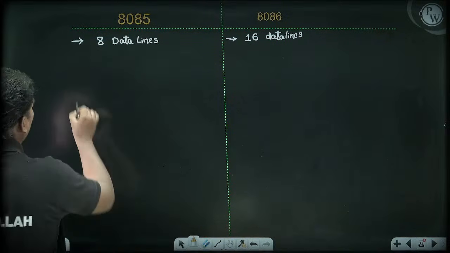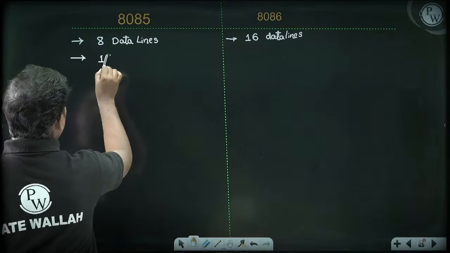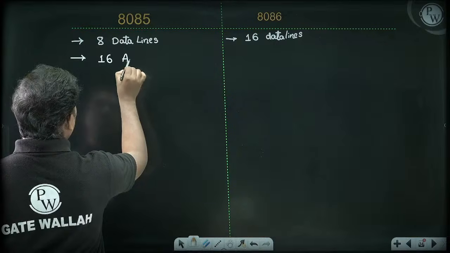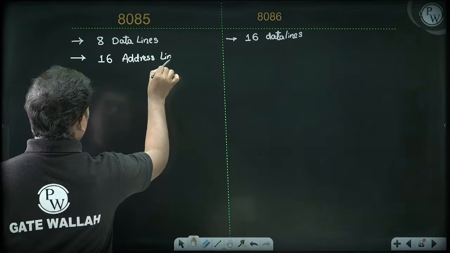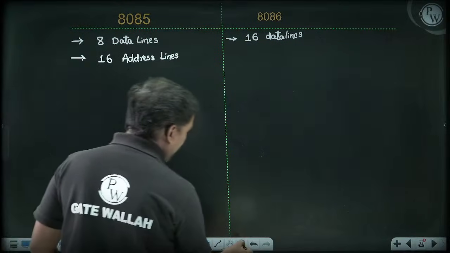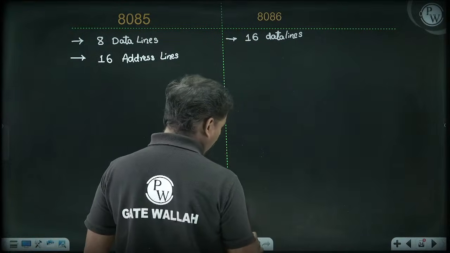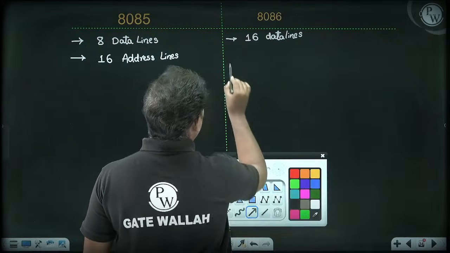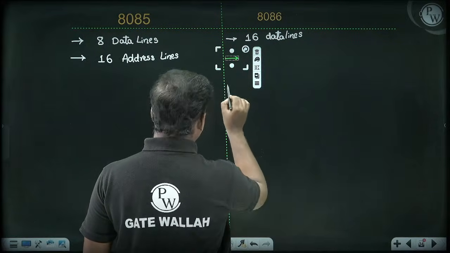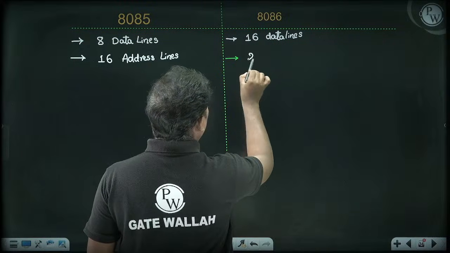In 8085 we're having 16 address lines, here we're having 20 address lines. So key points, please note down: 20 address lines.